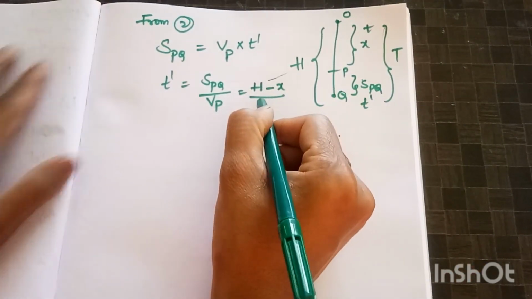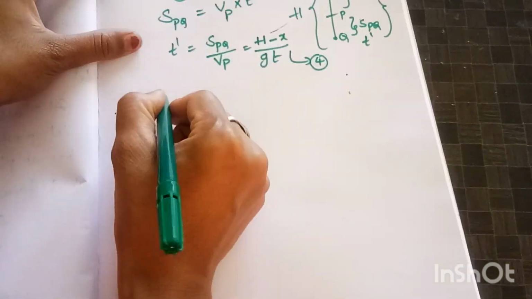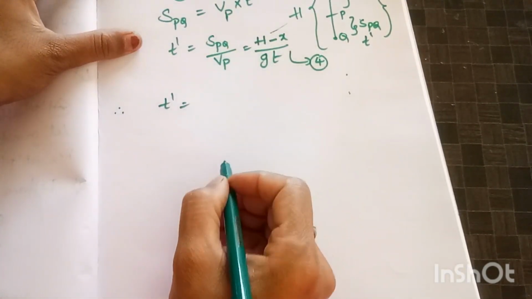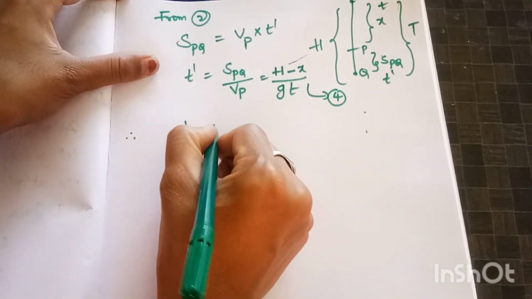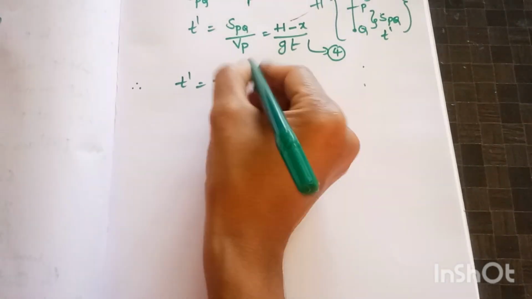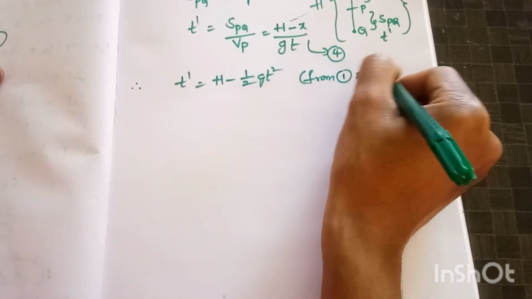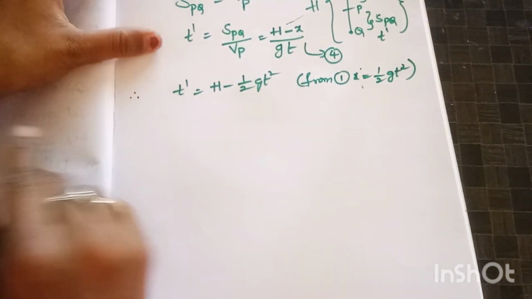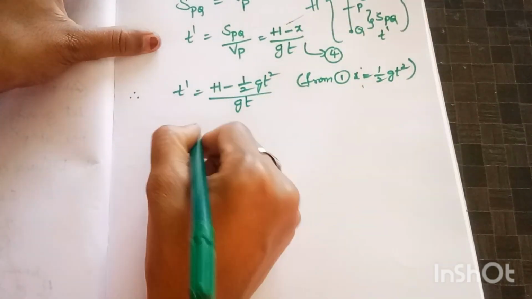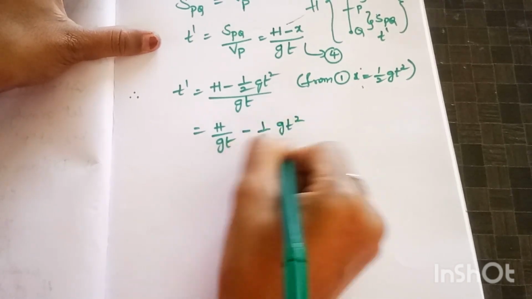So V_P is from equation 3: V_P is gt. Consider this as equation 4. So t dash equals, what is h here? h is the total height traveled by the body, and x we got from equation 1, x equals half gt squared. So dividing by gt: h by gt minus half gt squared by gt.